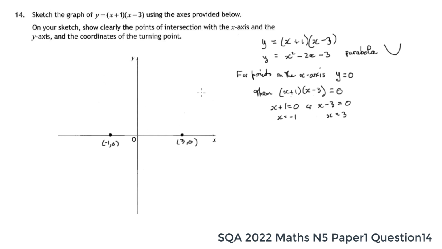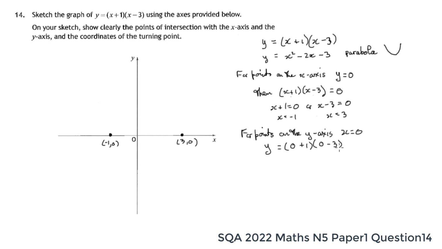But let's just fill in another detail for points on the y-axis. And what do we know about them? For points on the y-axis, this time the x-coordinate will be 0. And if x equals 0, let's plug that into the formula for the graph.